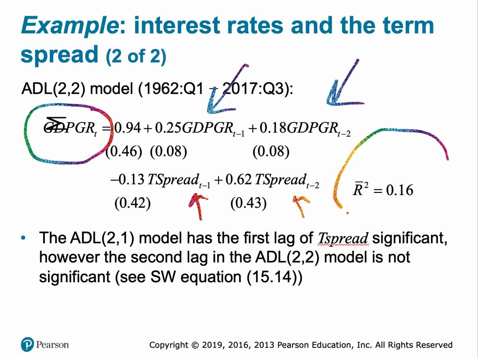You can see that adjusted R-squared has gone up, and in the ADL(2,1) model, the first lag of term spread is significant, but when you add the second lag, they're no longer significant. So the ADL(2,1) model is a good improvement on predicting GDP growth rate.